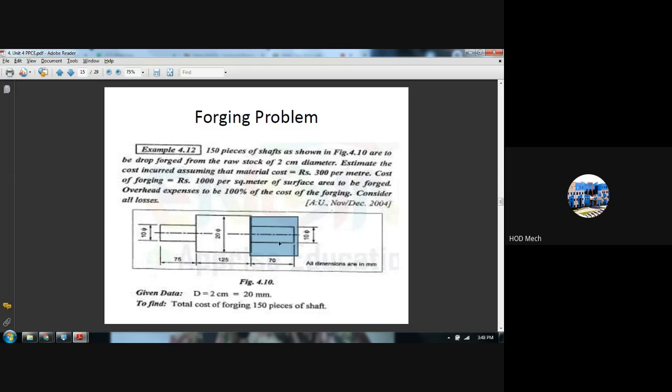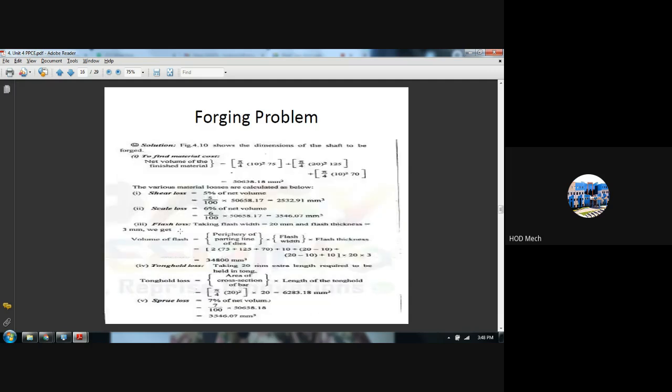Right? So that is your periphery. So you find flash loss. Flash loss has 3 steps. First you have to calculate the periphery line of the parting line.